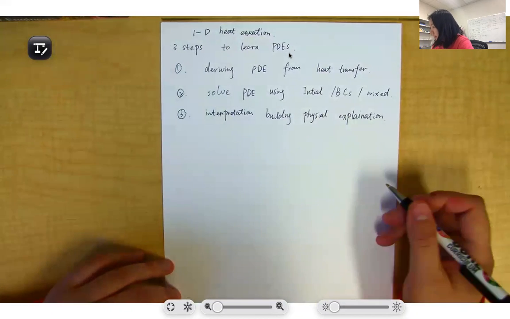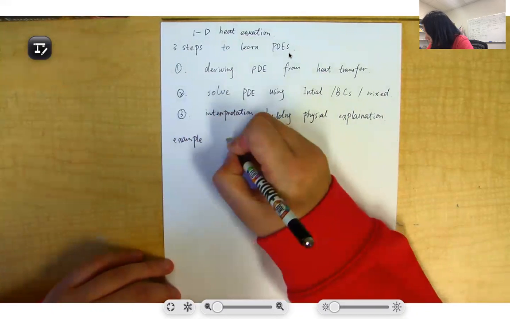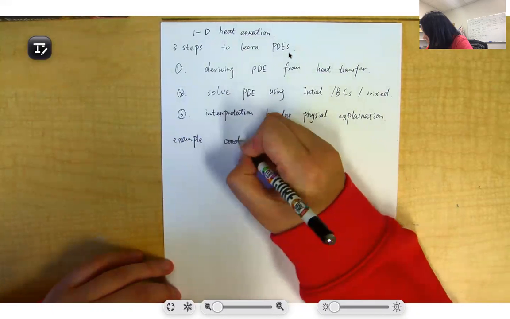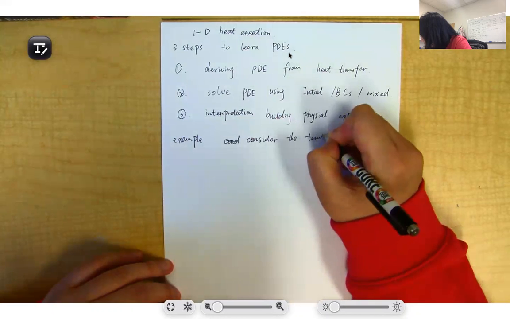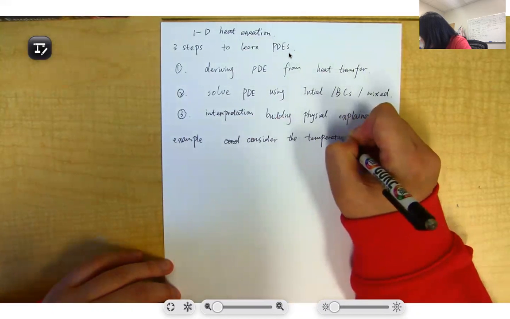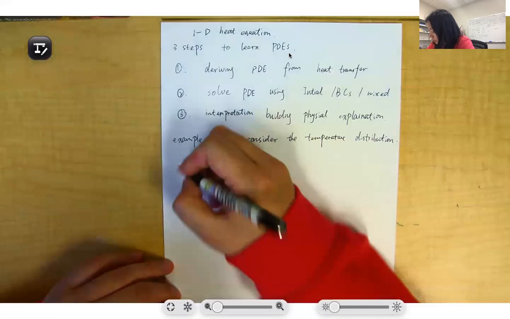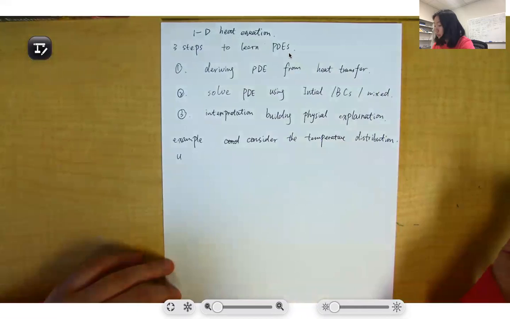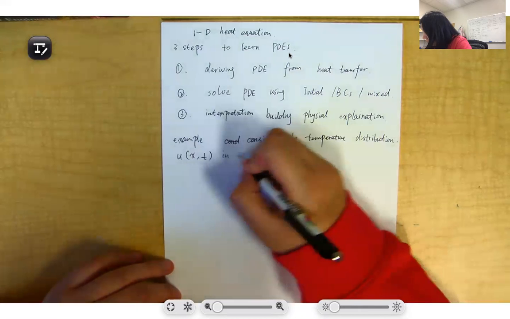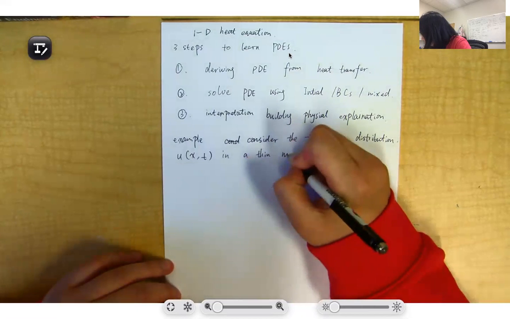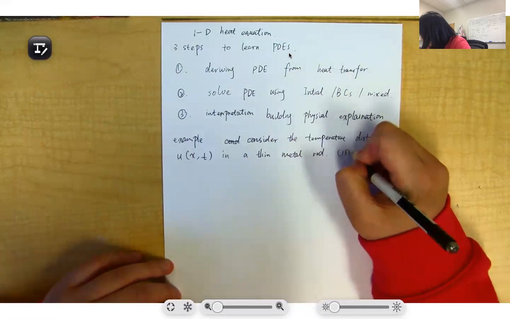Okay, so let's consider an example. Consider the temperature distribution, which is u. This is the temperature as a function of space and time in a thin metal rod, and this is a 1D model.